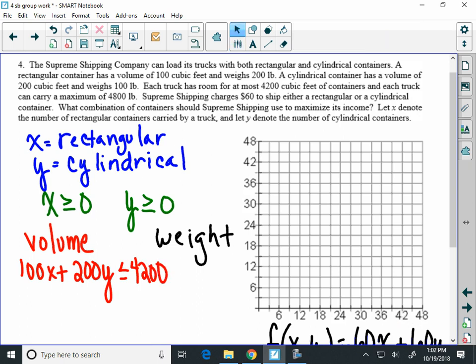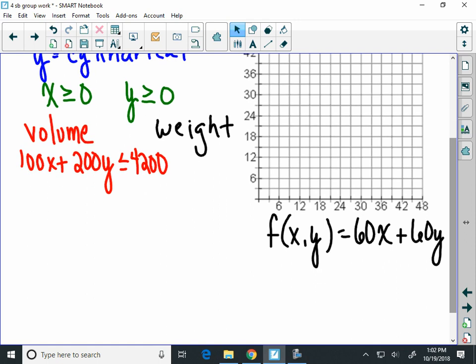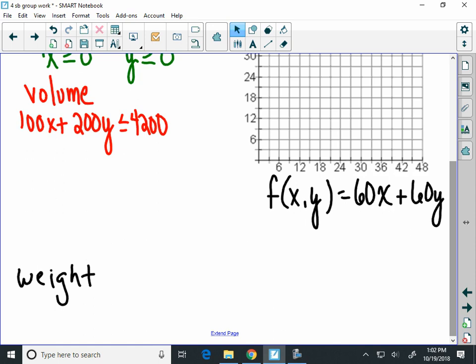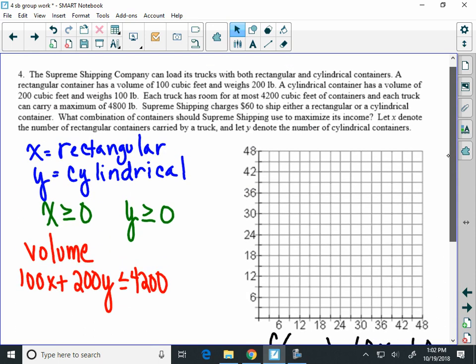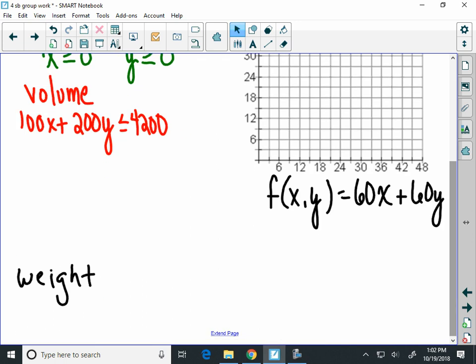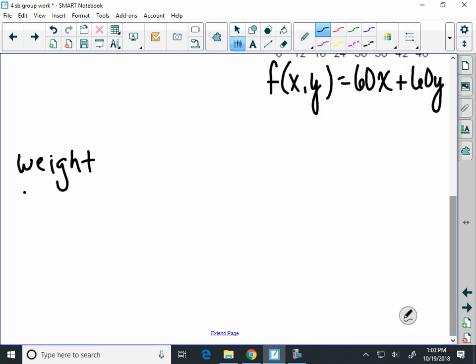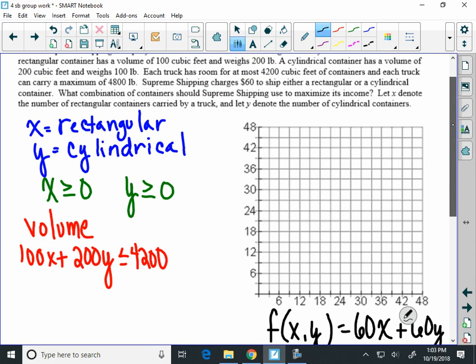And I'm going to have to leave some space and move my weight down because I just don't have enough space there. I hope that you can again write it side by side. If we go back and look at this problem, a rectangular container weighs 200 pounds. And now we need to see how much a cylindrical container weighs.